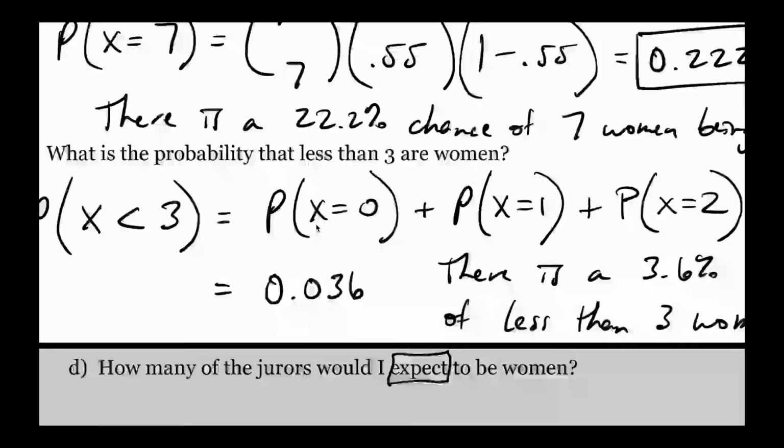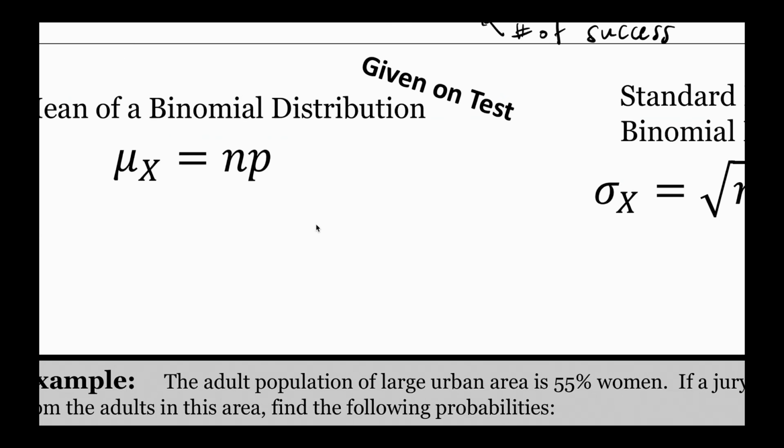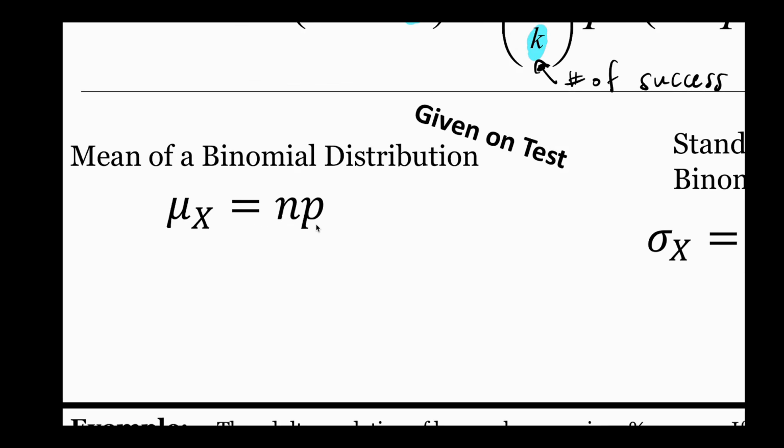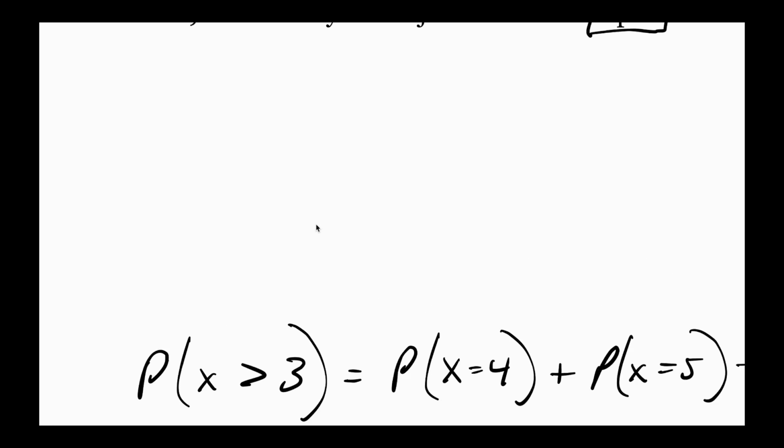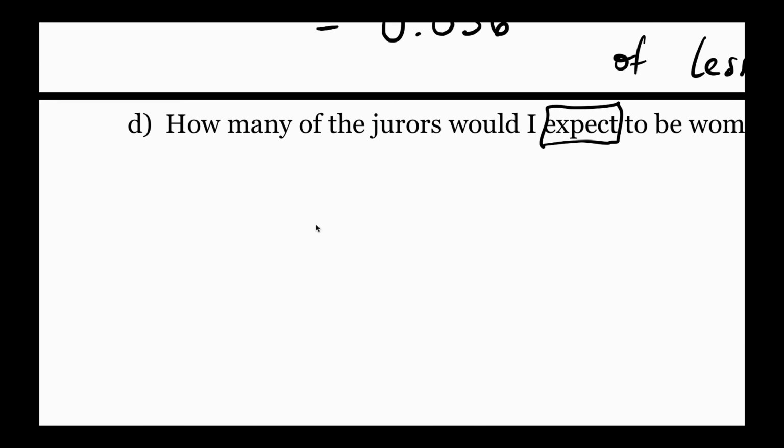So if we go back to the formula page, there's another one that you do not have to memorize because it's given to you: N times P. N is the number of fixed trials, so 12 times the probability of success, 0.55. What do we get? 6.6, which is what we said earlier.